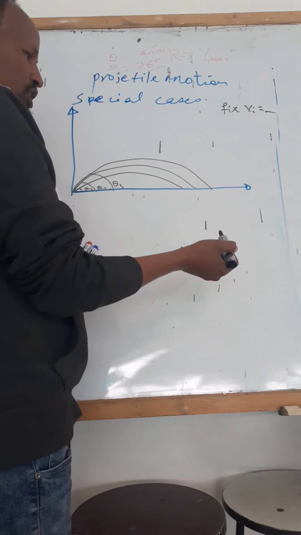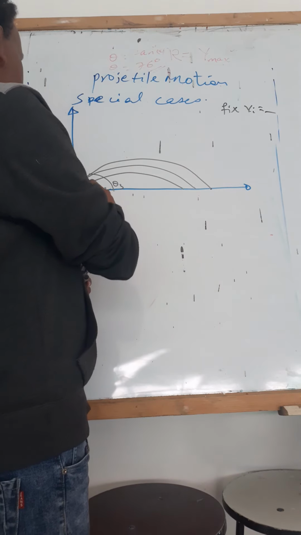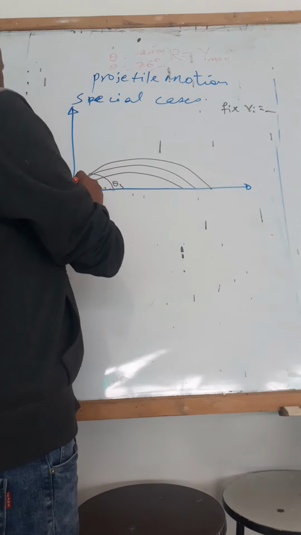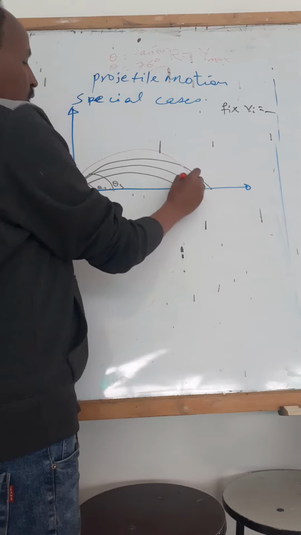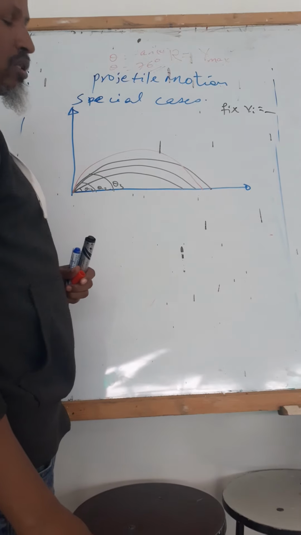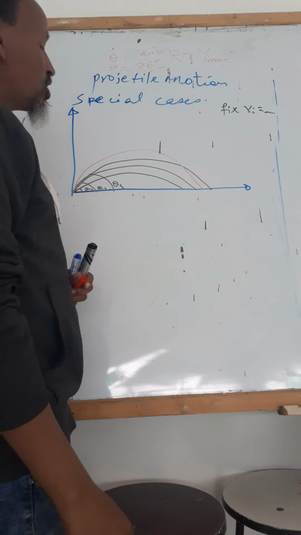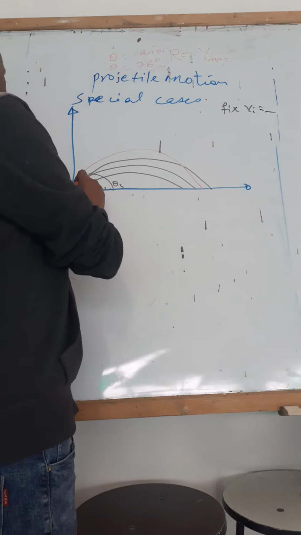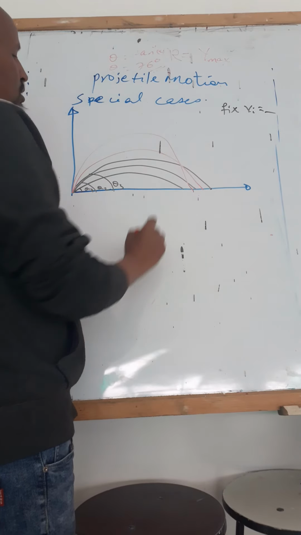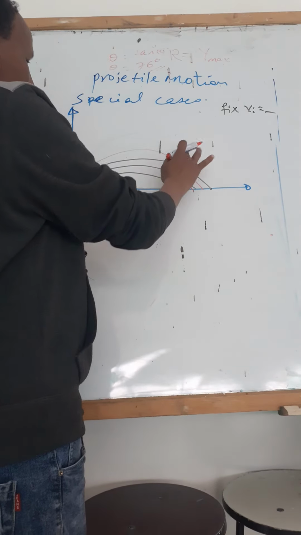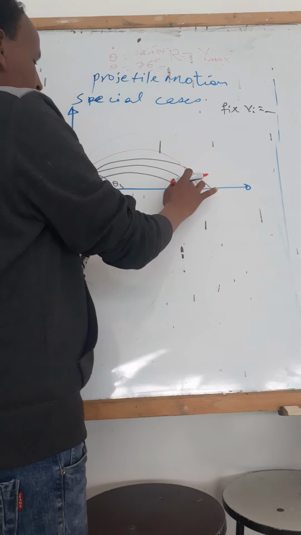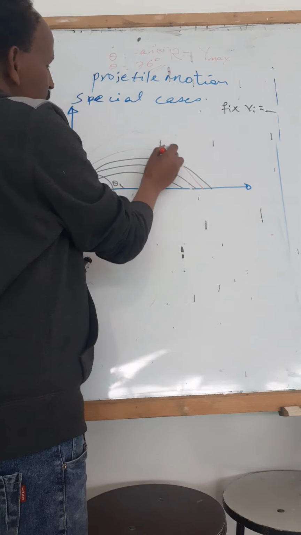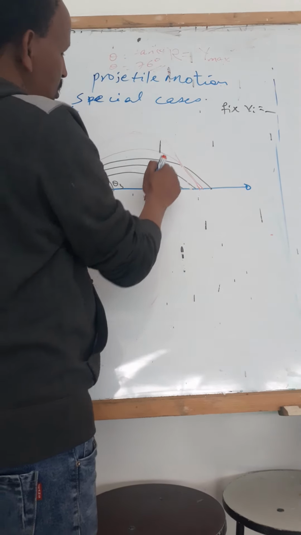From calculation, I will show you that at some angle you have the maximum range, and when you increase the angle, the height keeps increasing, but the range starts to decrease. You increase the angle, basically you will have smaller range and longer height.